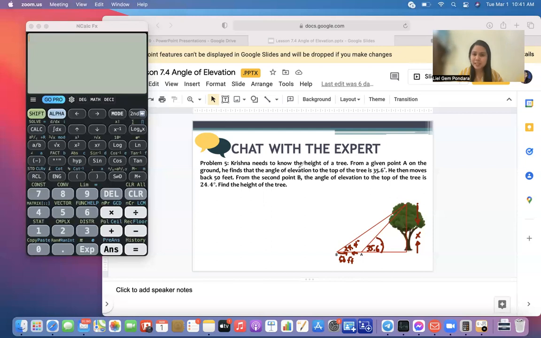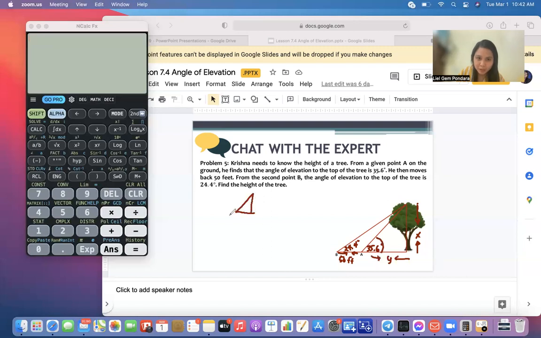Now, the question is, find the height of the tree. With this one, there's two missing actually. The height of the tree and the distance of A from the tree. Let's name it Y. Let's just focus on the smaller one first, okay?